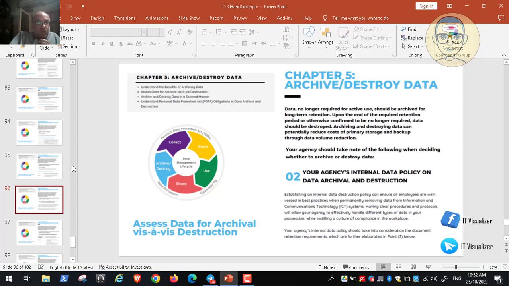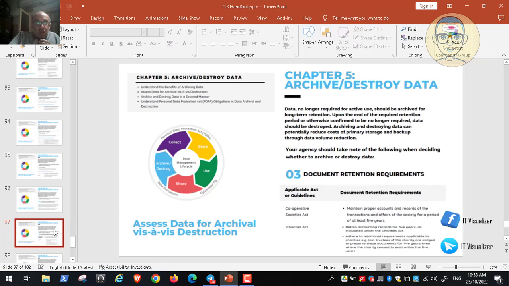So when you need to evaluate if you can destroy or archive the data, you should first evaluate the data profile, then see your agency internal policy on data archival and destruction, and the third thing is to see your documentation concerning your retention requirements. We have said before that some governments ask for data to be archived for a certain period.